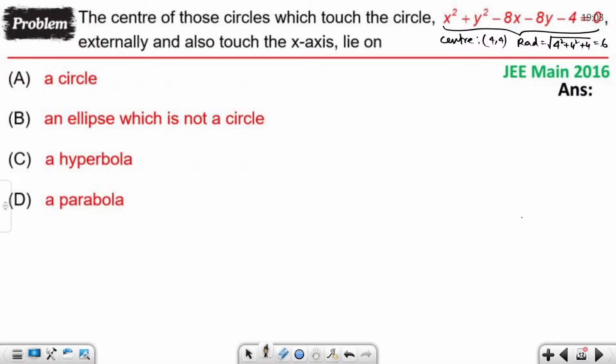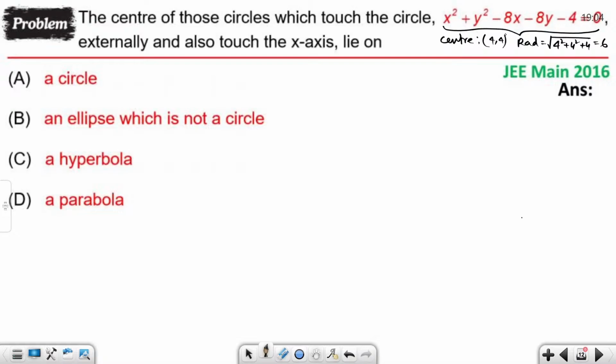So the circles which are touching this given circle externally, as well as touching the x-axis. There will be an infinite number of circles touching the given circle externally as well as the x-axis.